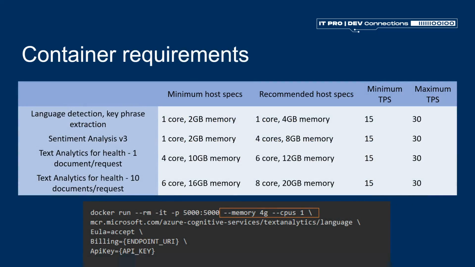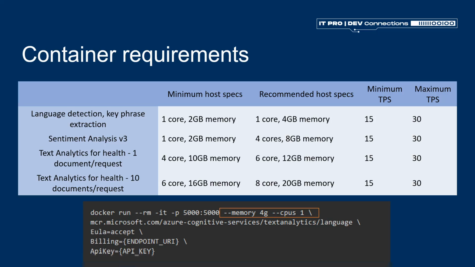Some containers might have extra requirements. Take a look at the docs for the API you're using. Let's take the first row here, for example, which has some requirements where if you're looking to do language detection or, let's say, key phrase extraction, okay?